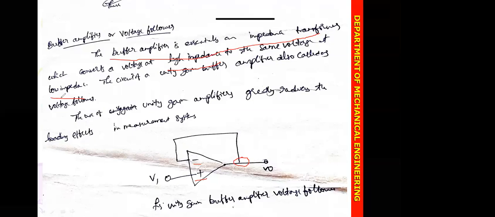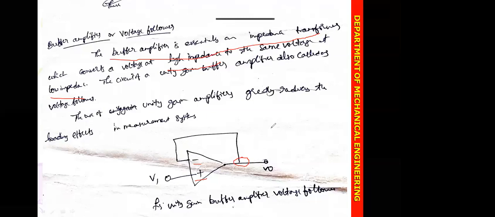Here impedance is nothing but resistance. So this buffer amplifier or voltage follower converts the voltage of high impedance, that is high resistance, to the same voltage of low resistance, that is low impedance. In this, the output voltage and the inverting end voltage are the same.